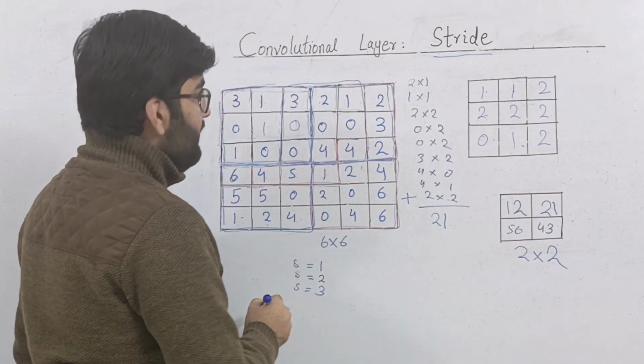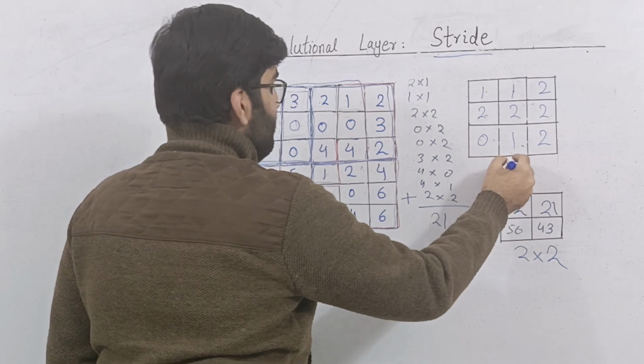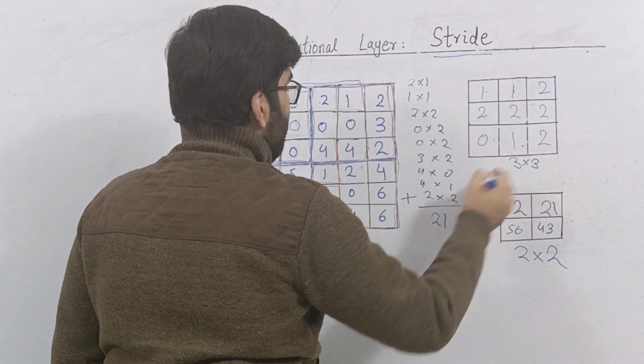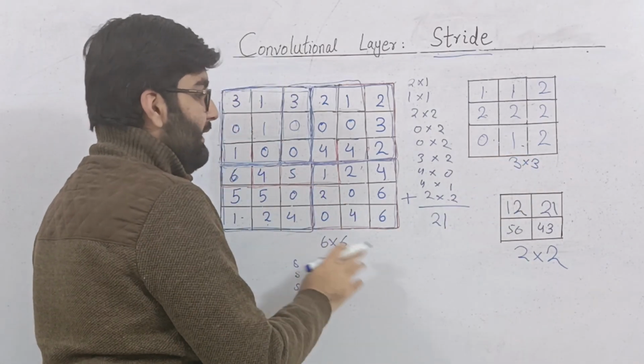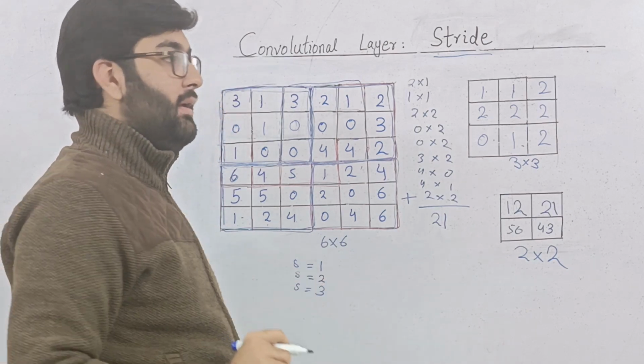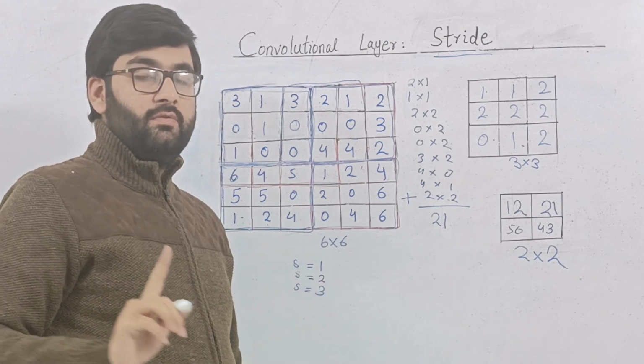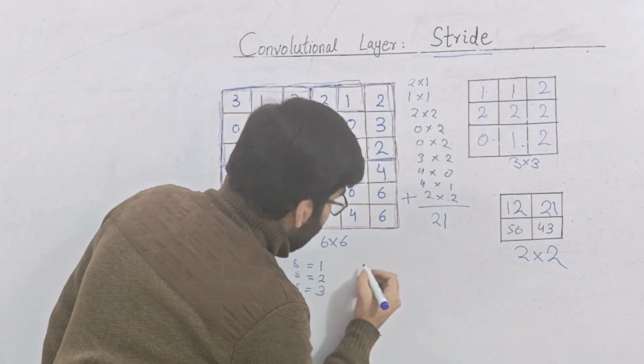If we know the dimensions of the kernel, which is 3 by 3, and the dimension of the input image and the stride and the padding, we can formulate the dimensions of the output like this.